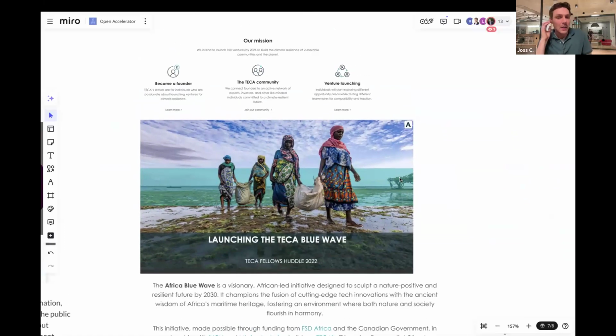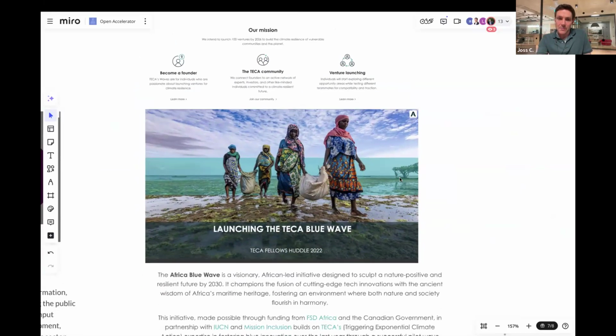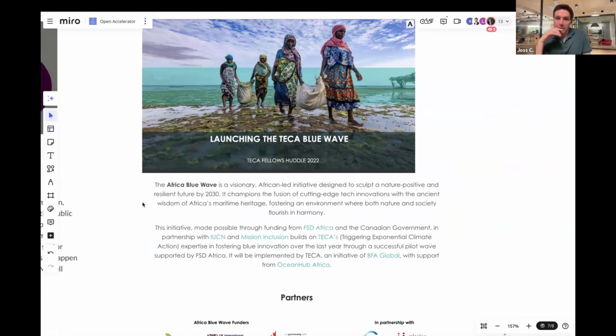It's in Africa. It's Teka, which is trying to build an entrepreneurial ecosystem for coastal communities in Africa. The African Blue Wave is a visionary African-led initiative designed to sculpt a nature-positive and resilient future by 2030. It champions the fusion of cutting-edge technology innovations with the ancient wisdom of Africa, fostering an environment where both nature and society flourish.